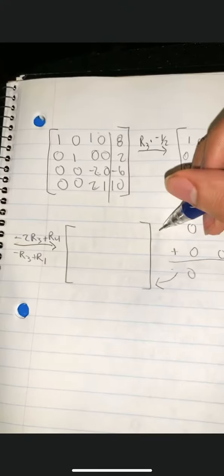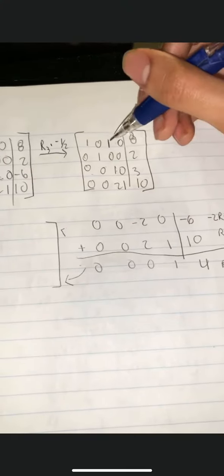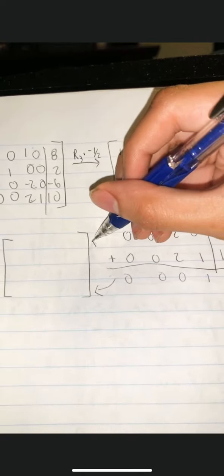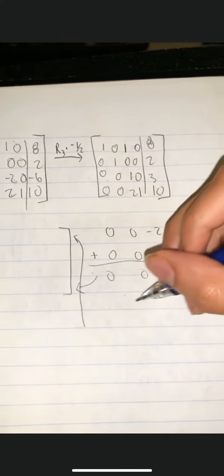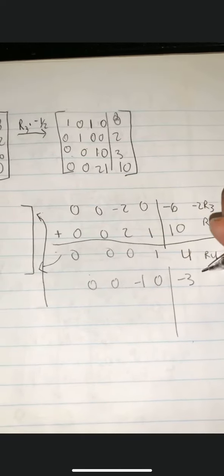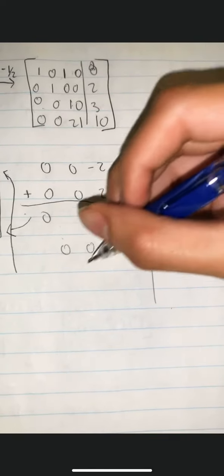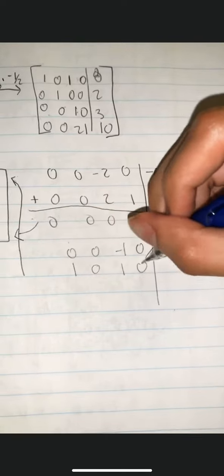So now we need to replace row 1 because it has this extra 1 up here. So I'll write this down here. So what we're doing, we're taking negative row 3, so 0, 0, negative 1, 0, and then negative 3, and then we will be adding it to row 1, which is 1, 0, 1, 0, 8.